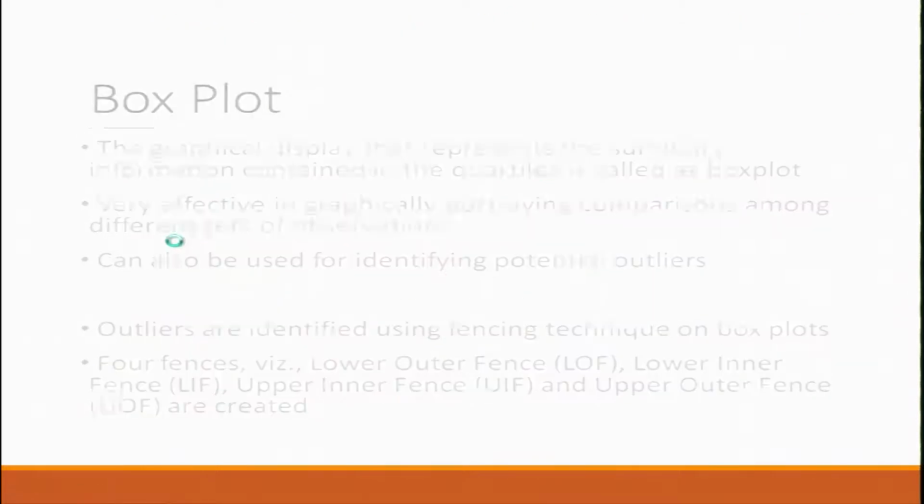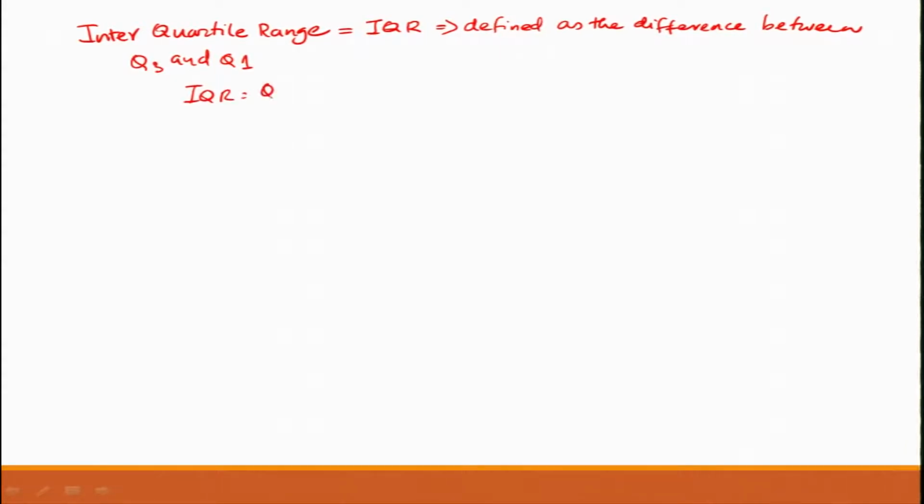Using that we can identify the interquartile range, typically known as IQR, defined as the difference between Q3 and Q1. So, IQR in our case is equal to Q3 minus Q1, which is 65 minus 45, which is equal to 20. This is called the interquartile range.